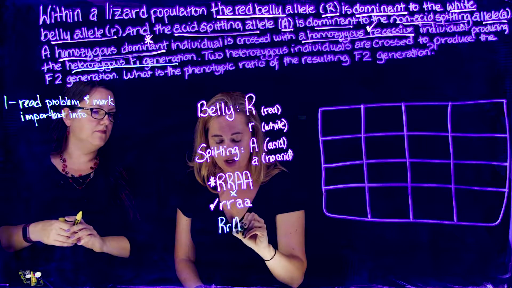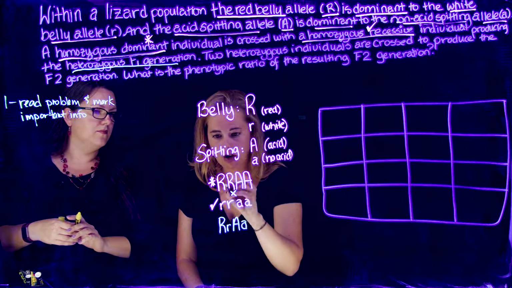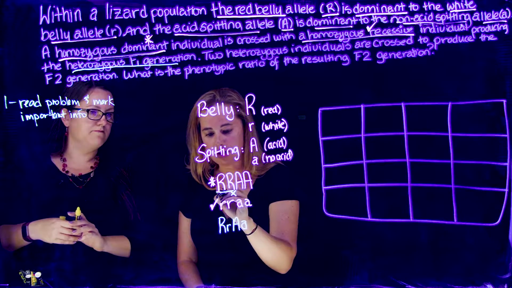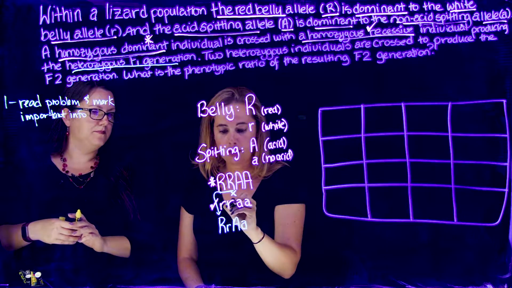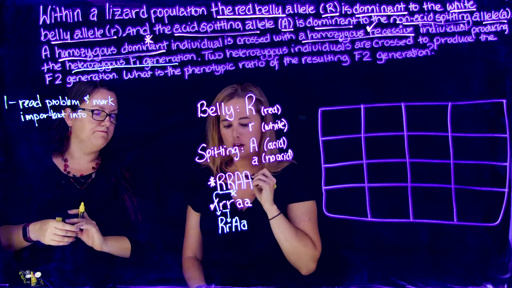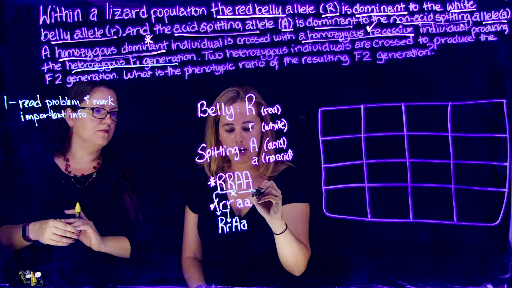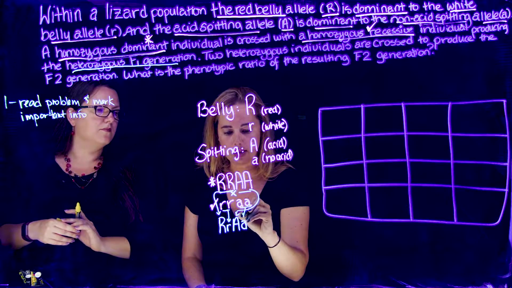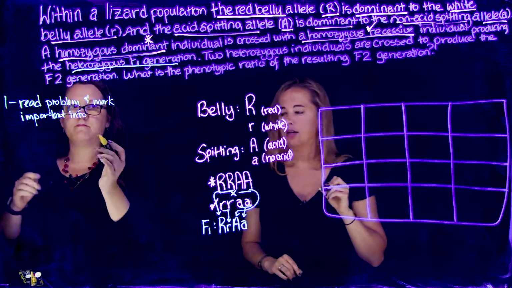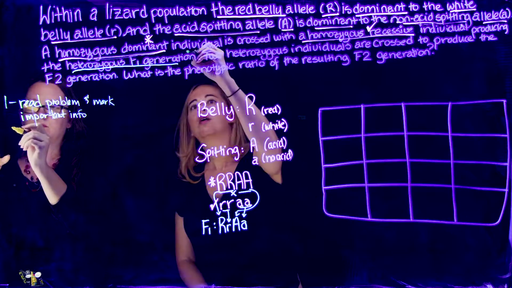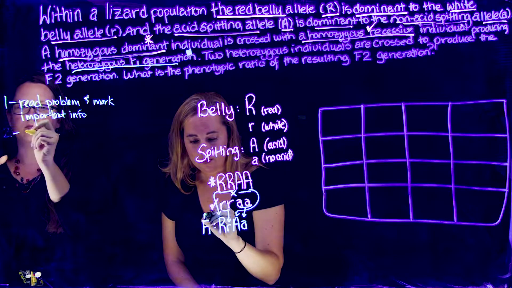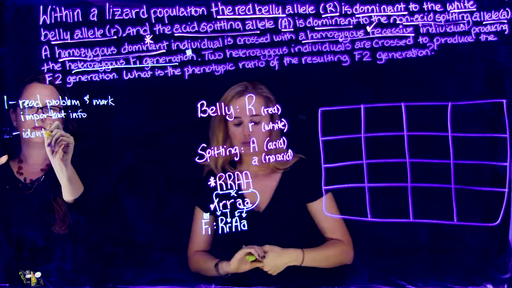If you look at the parents, this makes sense: the parent with the asterisk can only give capital R, and the parent with the check mark can only give lowercase r. Same thing with the capital A and the lowercase a. So here's our F1 heterozygous individual represented here.